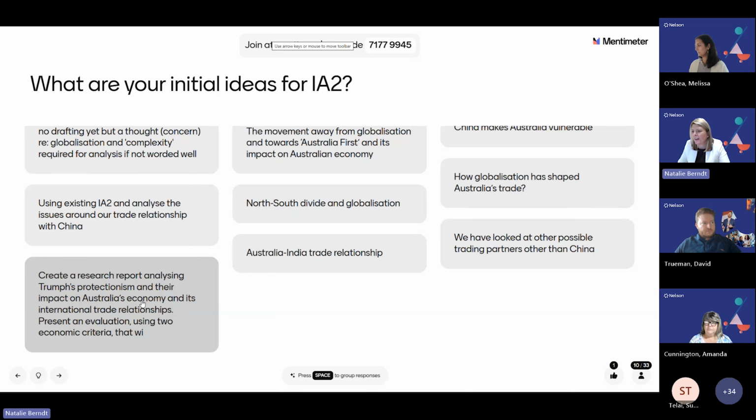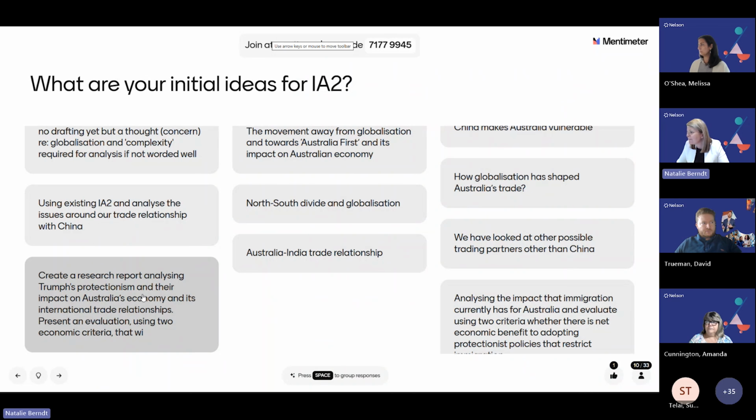Our boys did their IA2 last year, and apologies, I keep saying boys, but I teach boys. There was that fabulous article that came out from the RBA, and if anyone needs some data, Diana Mousina presents a fabulous weekly data set. And it was the Trade Policy Uncertainty Index. You could even have that as a context point.